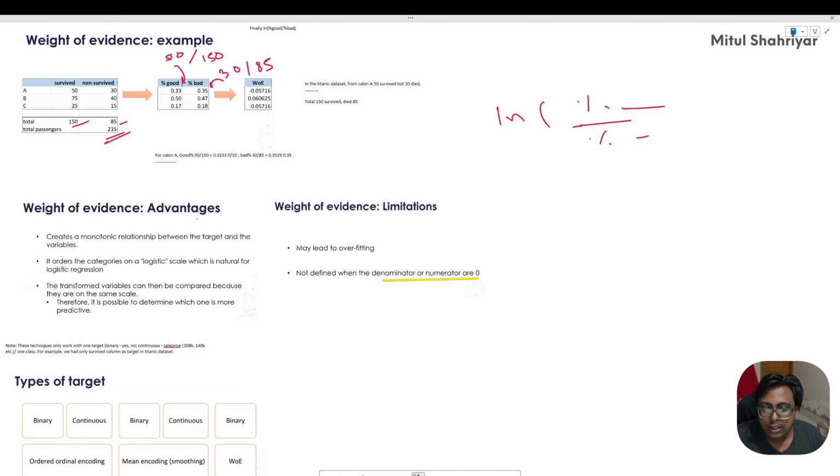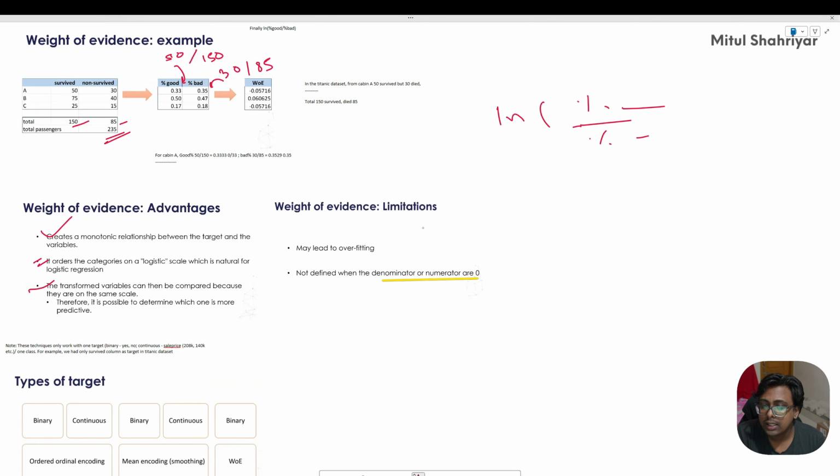The advantages are that it creates a monotonic relationship, which is what we're looking into. It orders the categories on a logistic scale, which is natural for logistic regression, so that's good. The transformed variables can be compared because they are on the same scale, so it is possible to determine which one is more predictive.